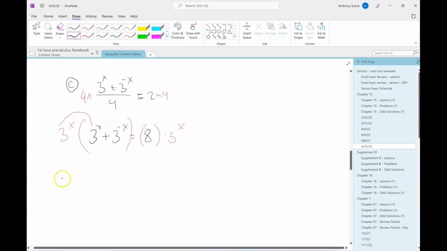When I multiply this, what do I get when I do 3 to the x times 3 to the x? Does not give me 9x squared. No. So remember, let's do it over here. That's why I said it underneath my breath, so you can hear it. Well, that's okay. But here's the thing.